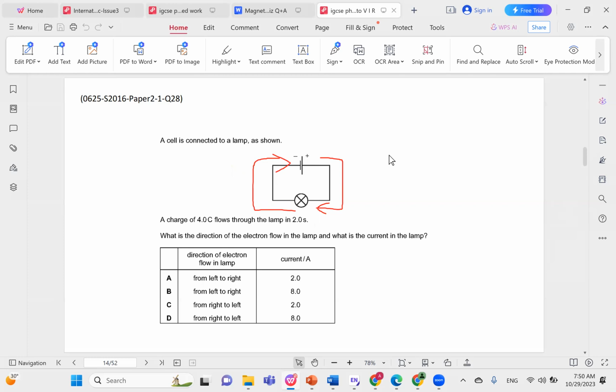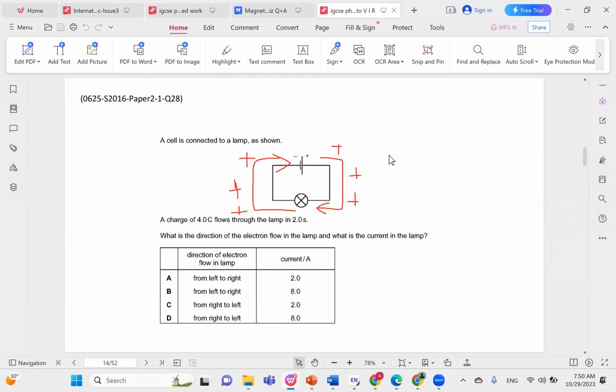But if you have watched the previous video on electrostatics, you would realize that positive charges are actually heavy and they do not move. The electrons are the lighter charge that actually is transferred between one point and the other.